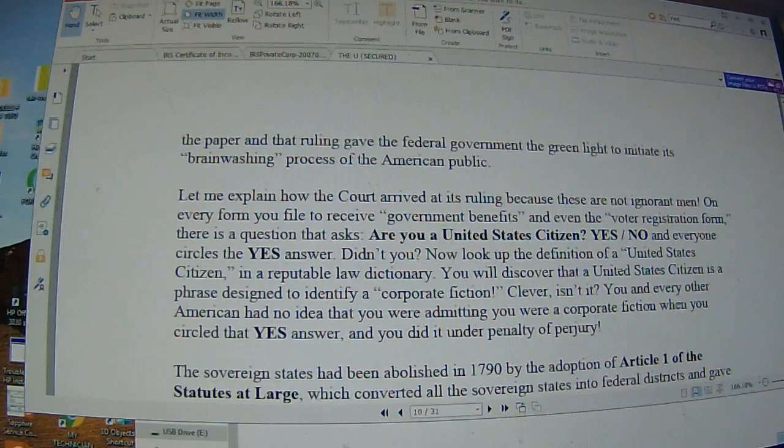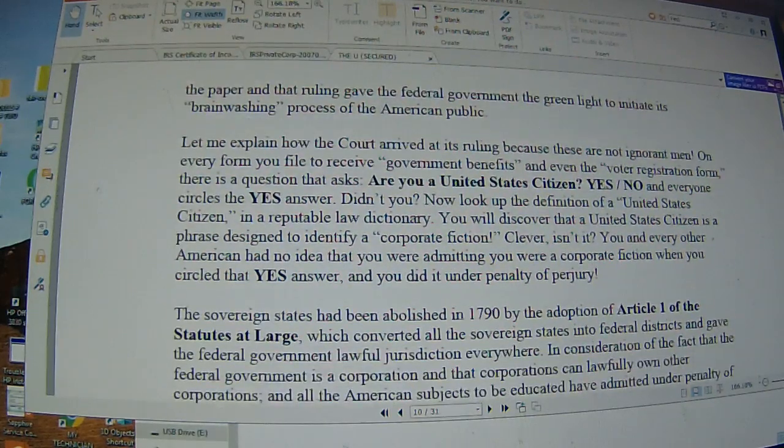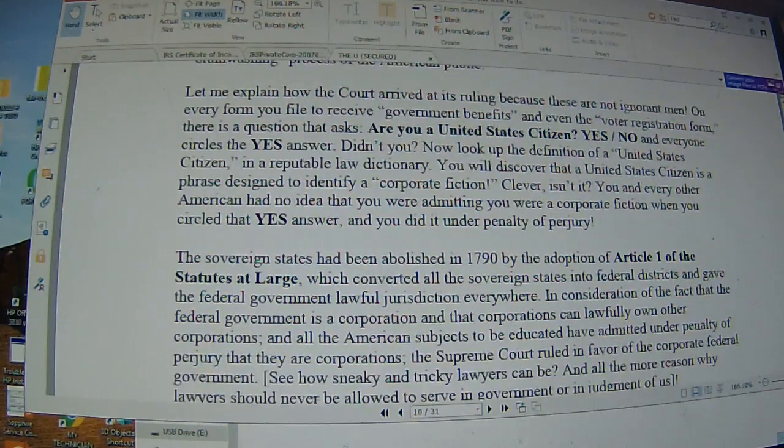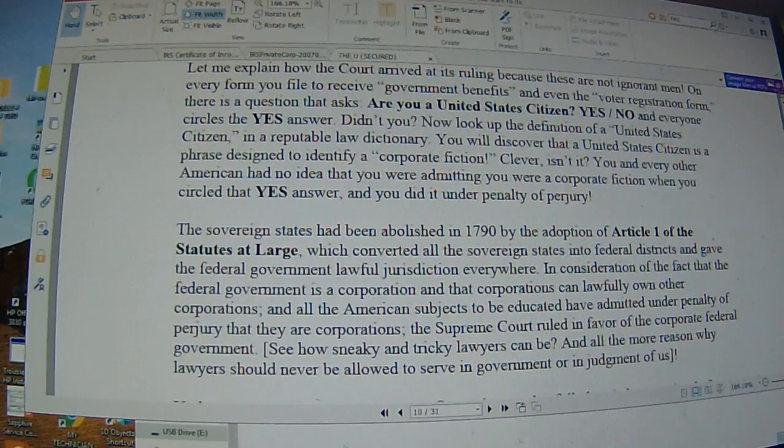But let's get on down to the meat of the table. Okay, the sovereign states that were abolished in 1790 by Article 1 of the Statutes at Large converted all of the sovereign states into federal districts and gave the federal government lawful jurisdiction everywhere, in consideration of the fact that the federal government is a corporation, and that a corporation can lawfully own other corporations.